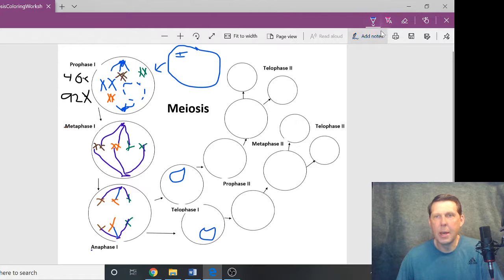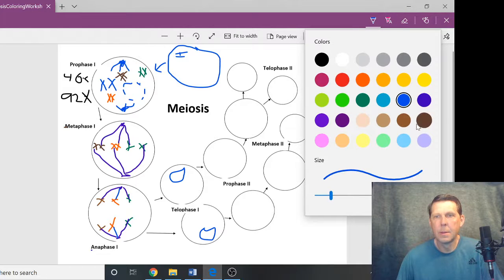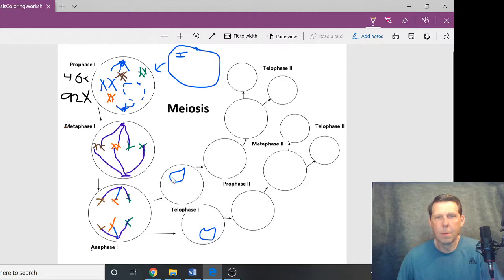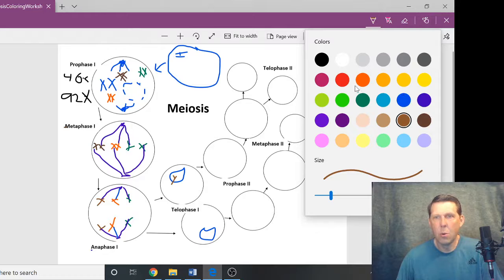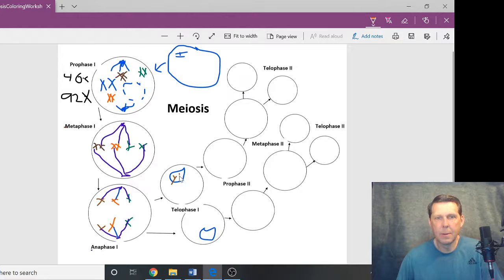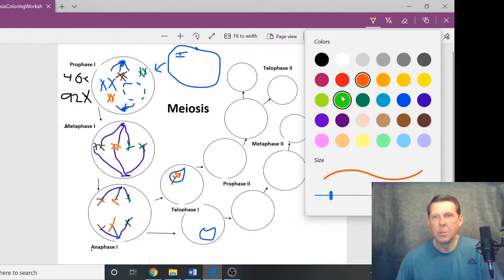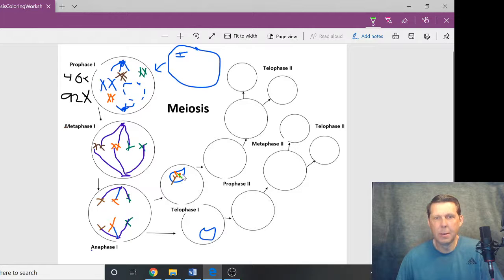I'm going to draw my X. Brown X is trapped in there. My orange X is trapped in here. And my green one is trapped in here. And the same thing goes down there.